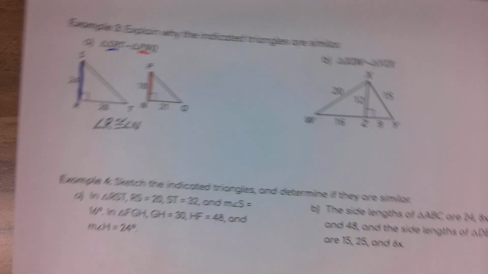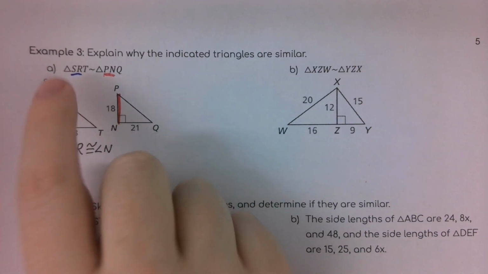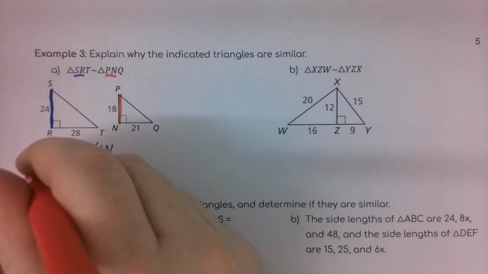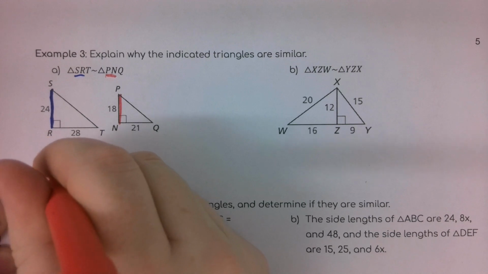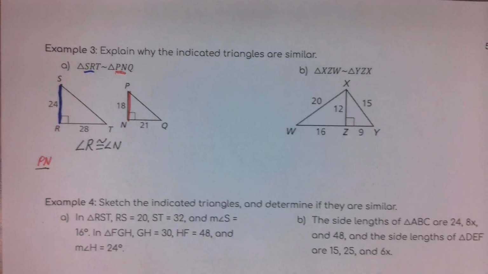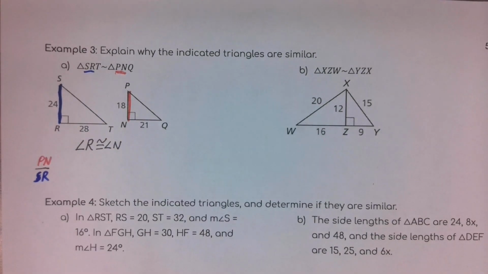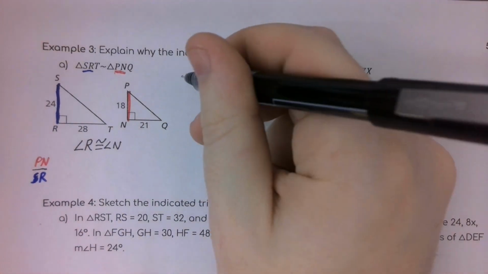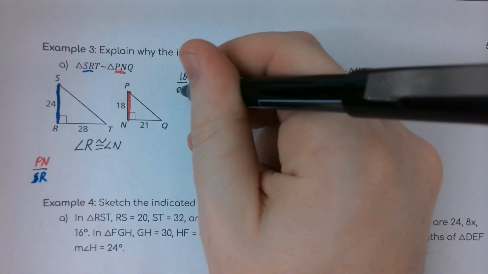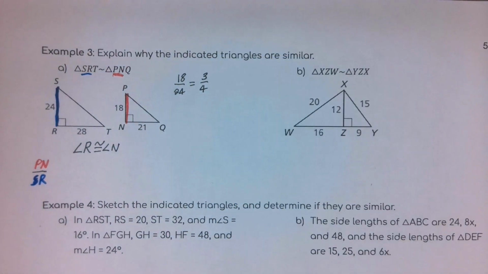So let's start there. PN and SR are similar. That means we could probably do PN divided by SR to find our supposed scale factor. Supposedly, at least. PN divided by SR is 18 over 24, which is 3/4.